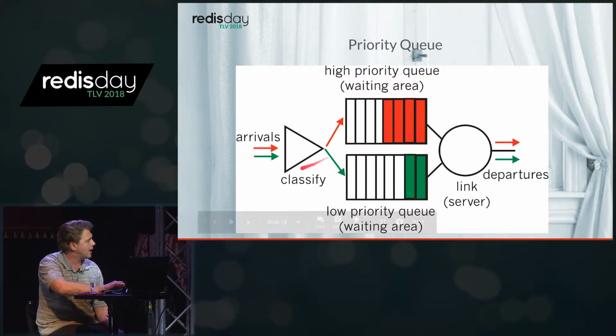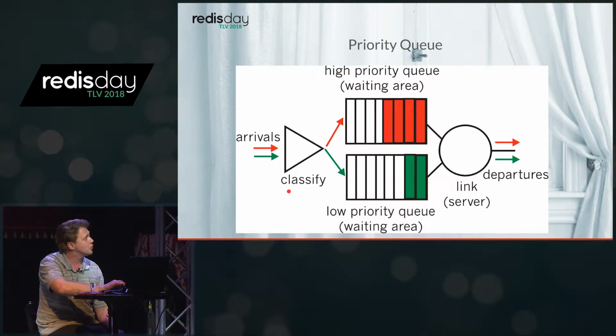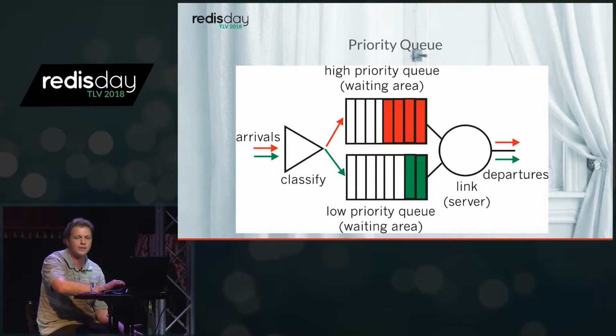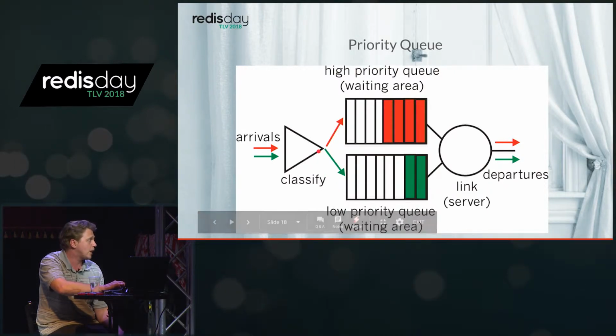This means that at the moment the job arrives, we classify the job and decide whether it should be high priority or low priority, which is rather easy in our case, because high priority is the user request and all the scheduled requests are low priority. And then we put the job into the appropriate queue.